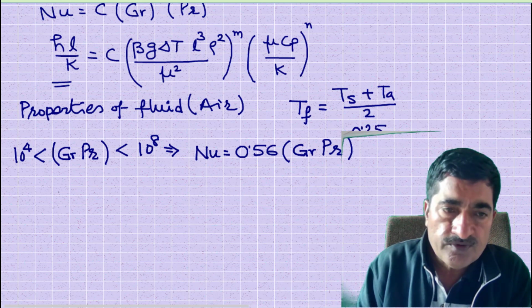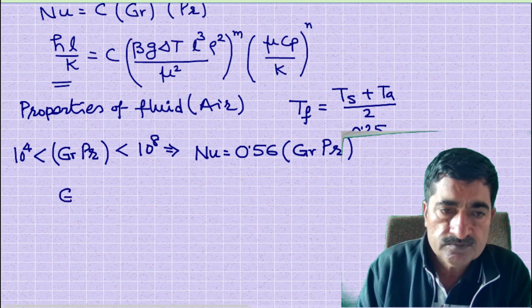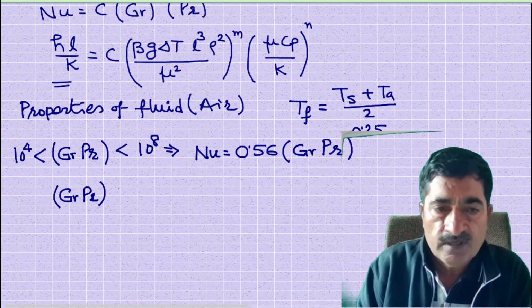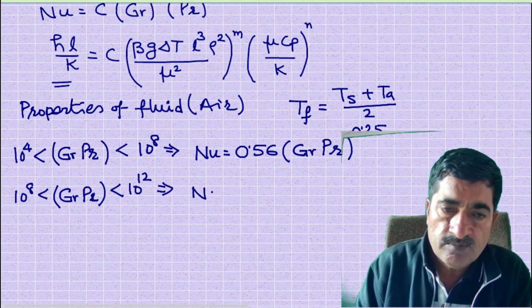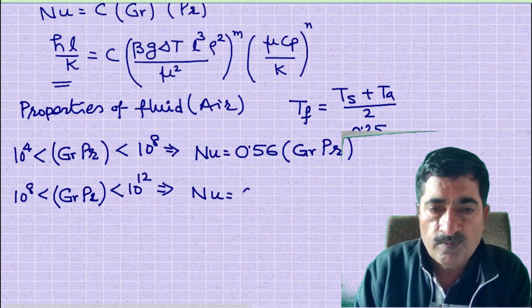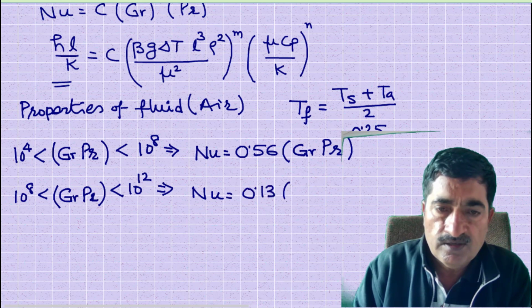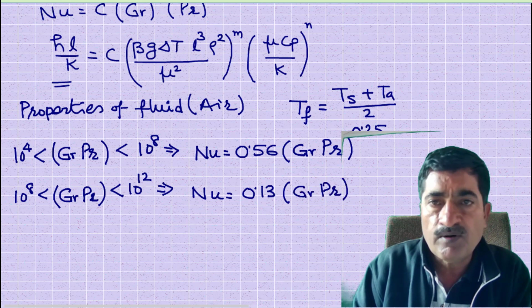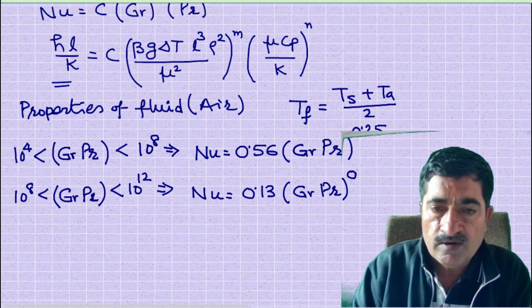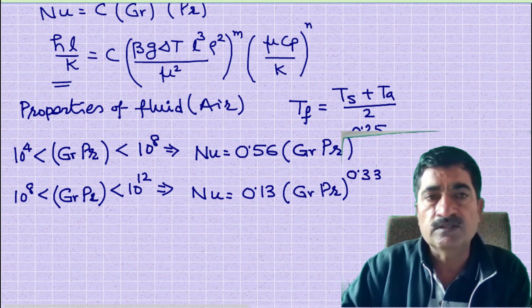And if Grashof number into Prandtl number is between 10 raised to power 8 and 10 raised to power 12, then use Nusselt number equal to 0.13 into Grashof number into Prandtl number power 1 by 3, or 0.33.